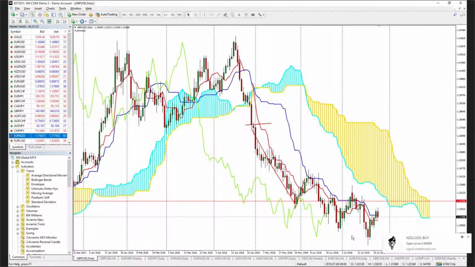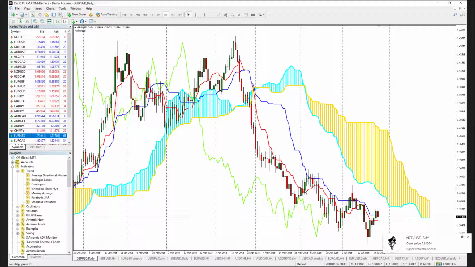Now, of course, those exits, as we saw, can be executed depending on how sensitive we want it to be. For example, maybe the guy who took the short up here when he entered with the crossing of the Kumo, as soon as he saw one close above the red line, the first indication of bullish, maybe that was his aggressive exit.